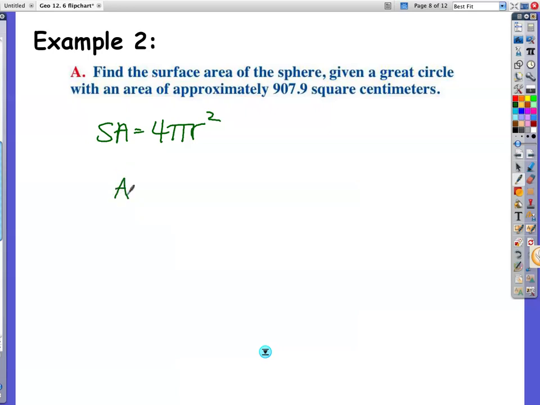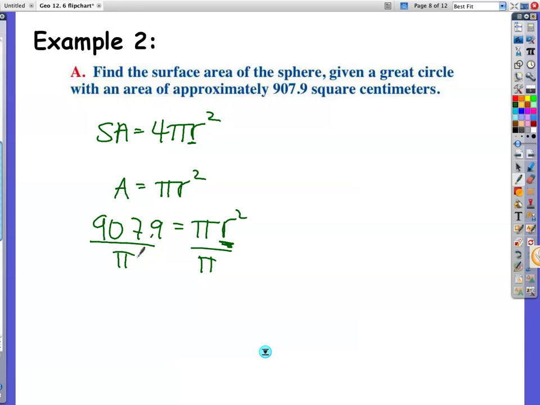So the area is pi r squared for that, and the great circle is 907.9. What I need to do is figure out what r is so I can put it back up in here. So, to solve for r, I'm going to divide both sides by pi.